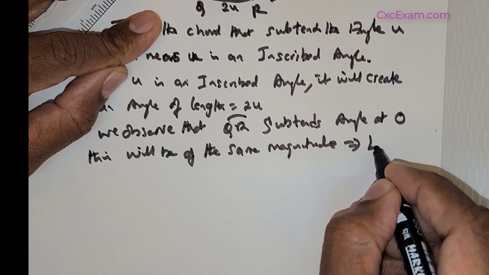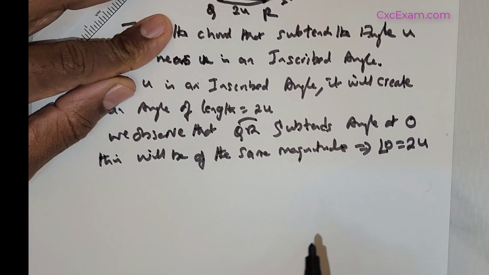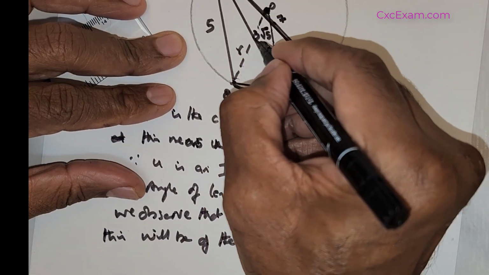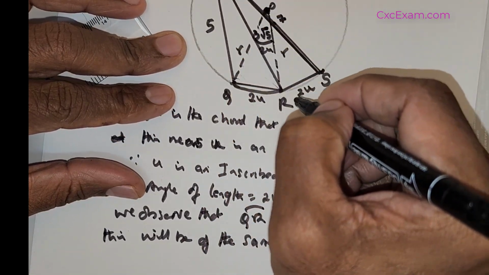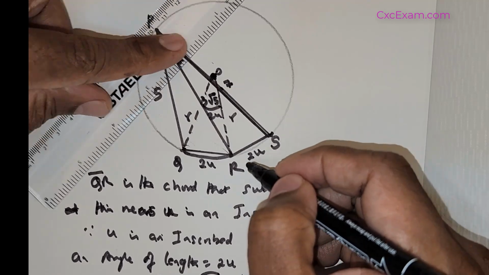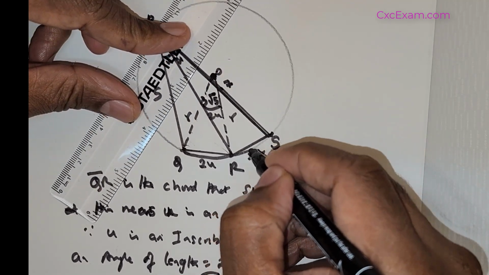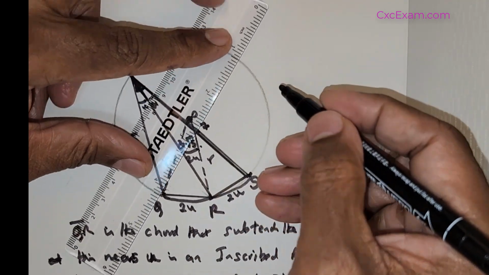So the angle at O will also be equal to 2 times u. So this angle is 2 times u. So the arc RS will also create the same 2u.